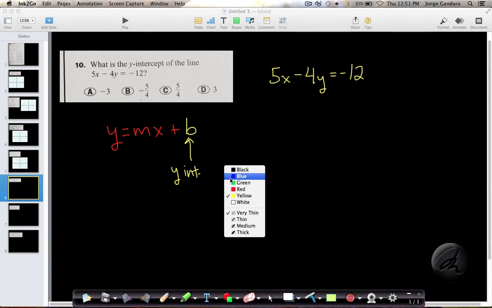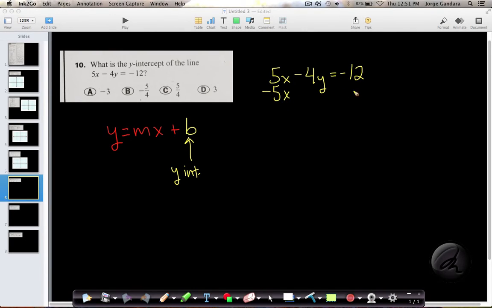Okay, so let's work this out. The first thing I would do is get rid of my 5x, so that gets rid of this. And then my new equation is negative 4y equals negative 12 minus 5x.